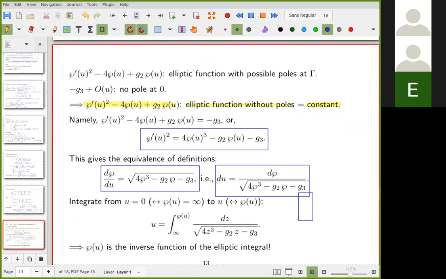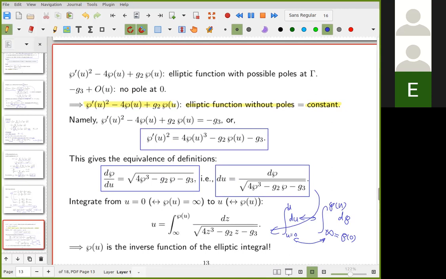If we integrate this expression from infinity to P of U, which corresponds to zero to U. So at 0, the P function takes value infinity.